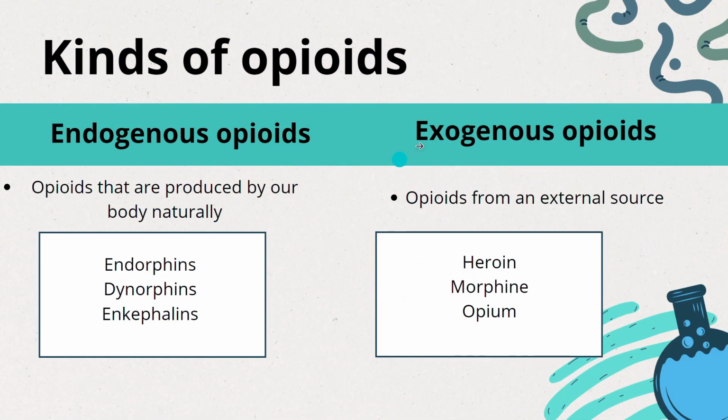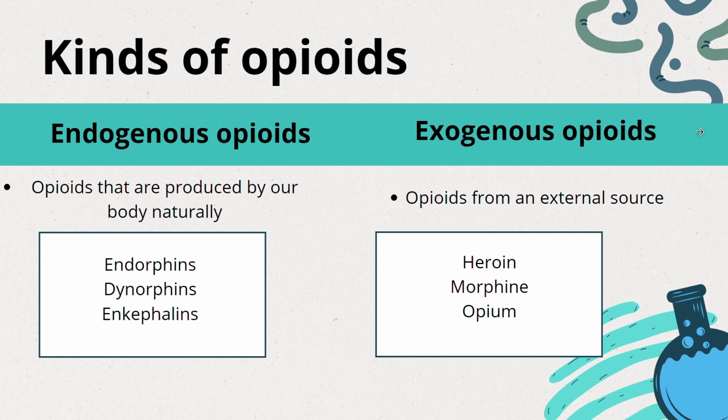Okay, I'm going to talk about kinds of opioids. So we differentiate between endogenous and exogenous opioids. Endogenous opioids, as the name says, are opioids that are produced by our body naturally, and between them are endorphins, dynorphins, and enkephalins. We're going to talk later about this because each of them has specific receptor selectivity, which means they are bound or have more affinity to one specific opioid receptor.